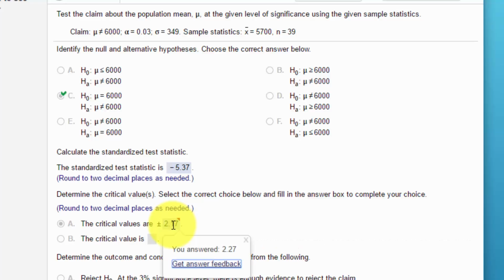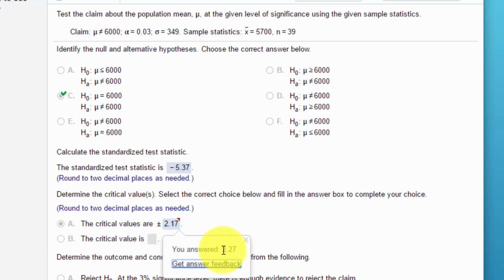This person entered in just 2.27, and somehow that person made an error in calculating the critical value. But what I see quite common is people will not enter in the plus or minus for the two-tailed test, or they will mistakenly answer that it's a 2.27.